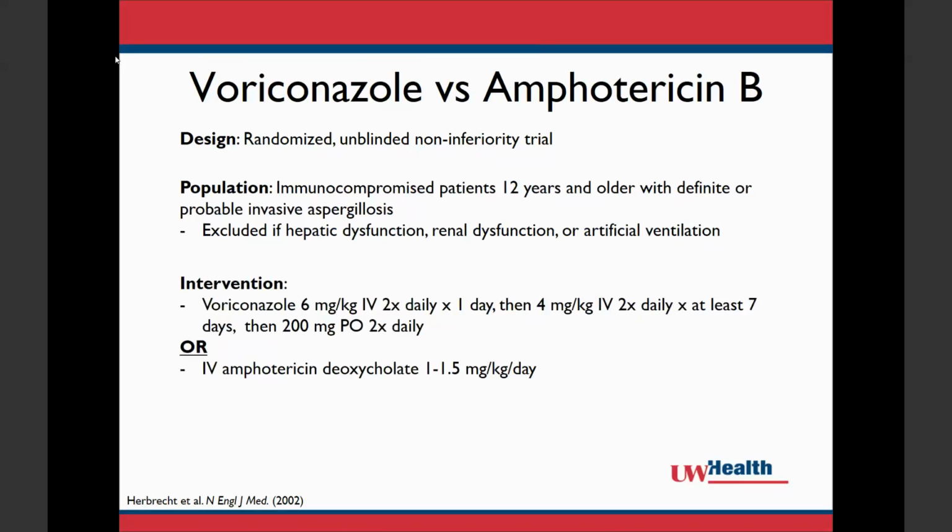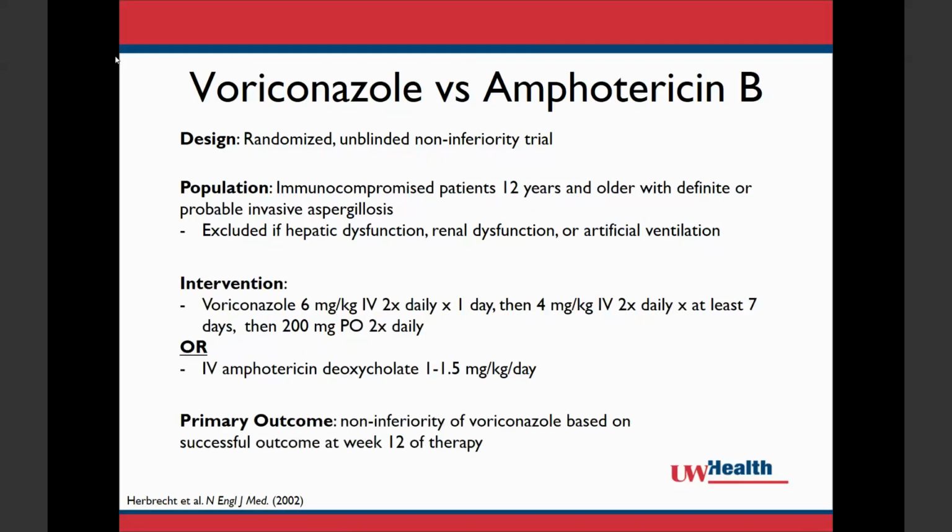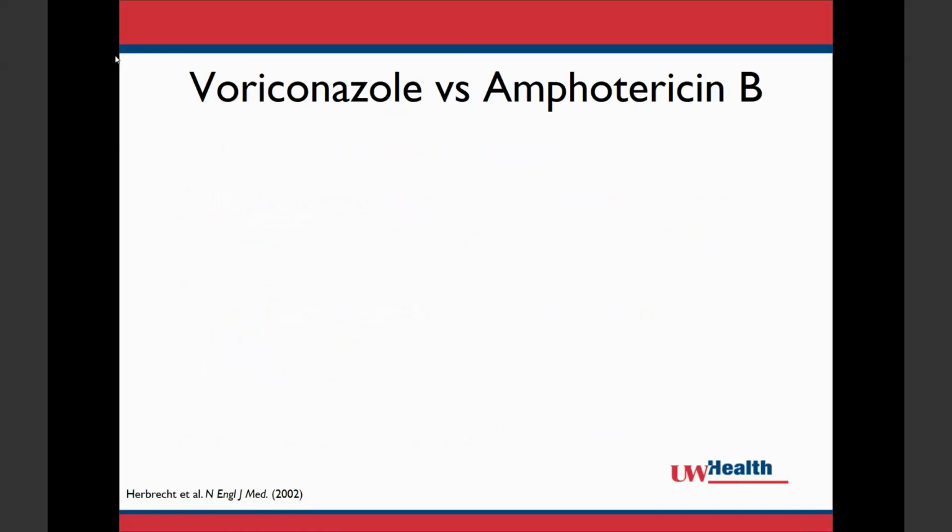So, Voriconazole versus Amphotericin with traditional dosing. The primary outcome was successful outcome at week 12 of therapy. Successful outcome is a very vague outcome, but it was determined by the study group based on radiological improvement and clinical status improvement, reviewed by a board of reviewers.